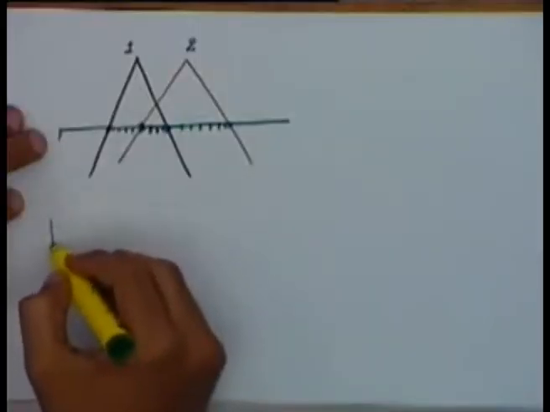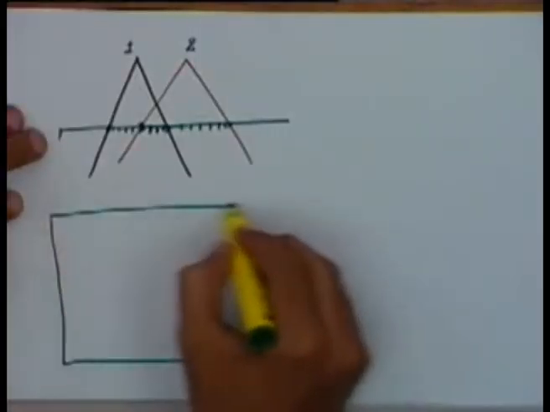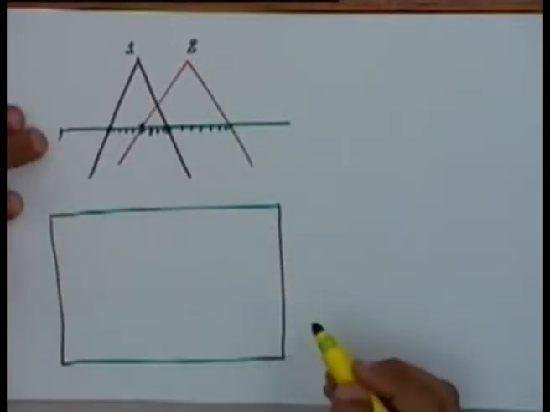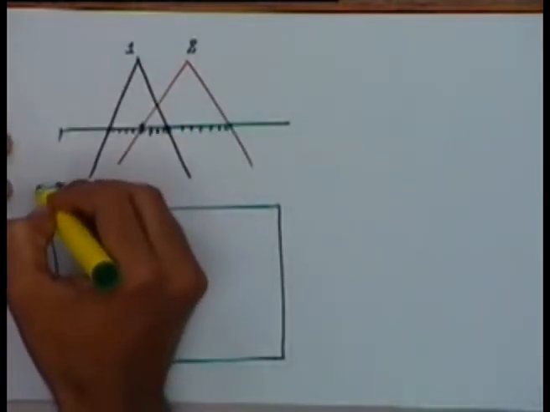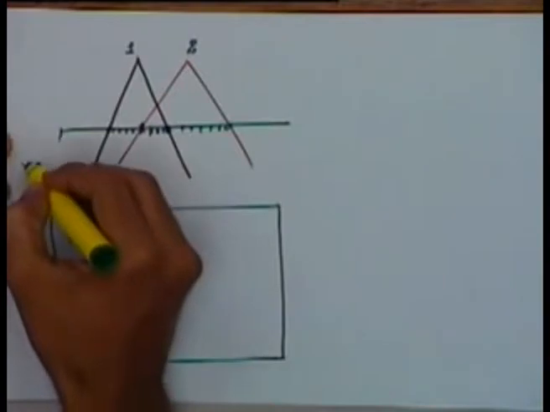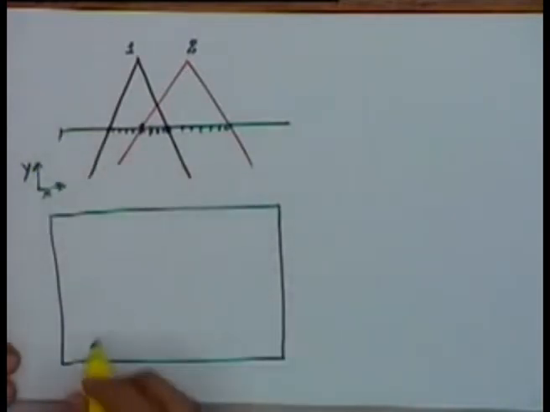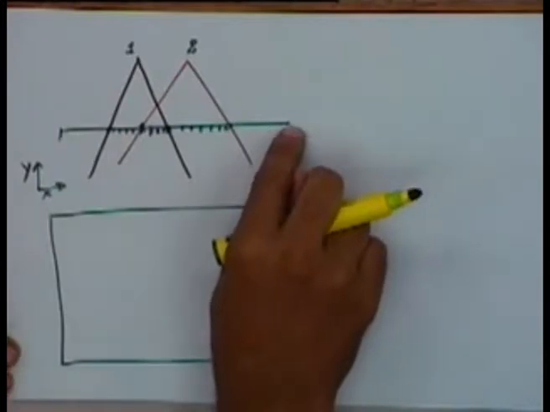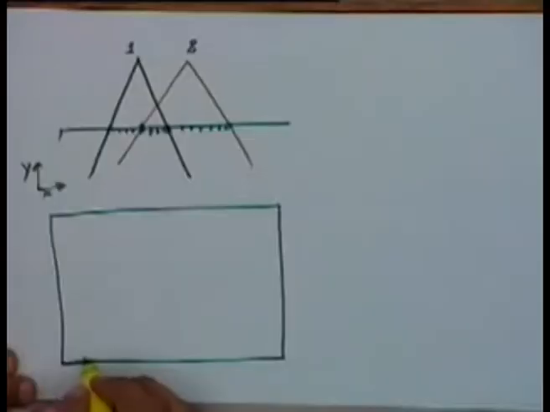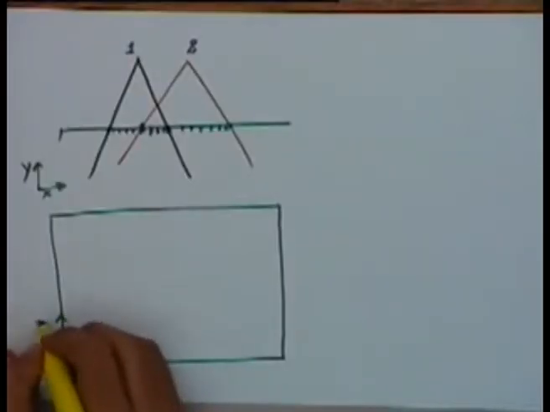If I draw this plane like this, mind you, on this screen I am drawing the x and the y planes, and here I am drawing the plane corresponding to this scan line. That means if you are looking at the screen like this, I am drawing a plane perpendicular to the screen now. The plane perpendicular to the screen would be the x z plane.